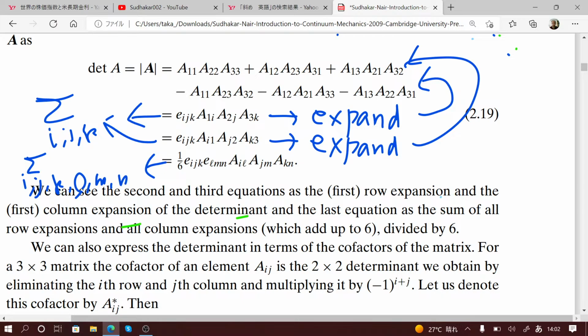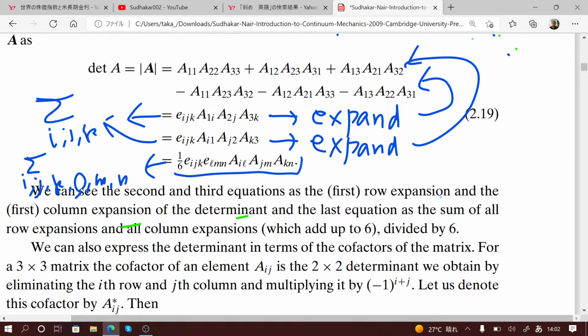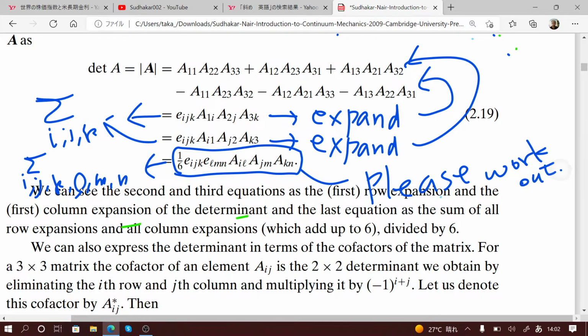I think you have to work this out somehow. Please work it out.